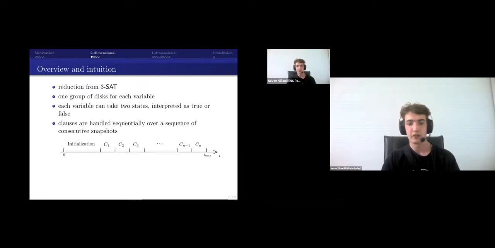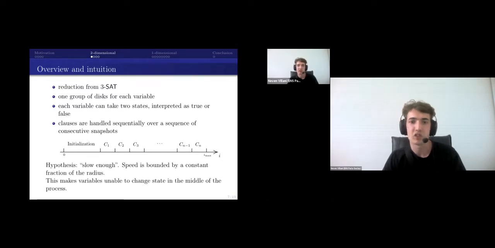The key idea is that each variable, so each group of disks, will be able to take one of two possible configurations, which we interpret as true or false arbitrarily. By some physical restrictions, which should be the baseline requirement for what movements to allow, we disallow teleportations and we do not want vertices to acquire an unbounded speed from one instant to the next.